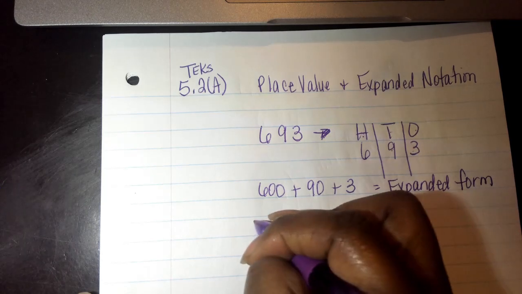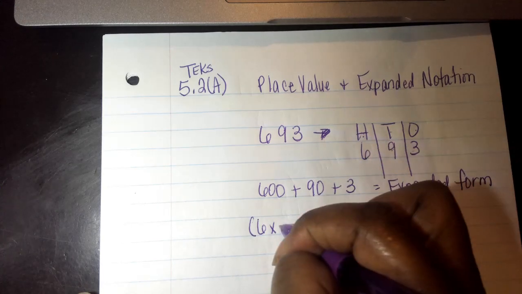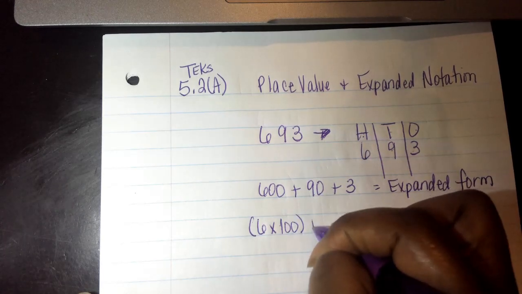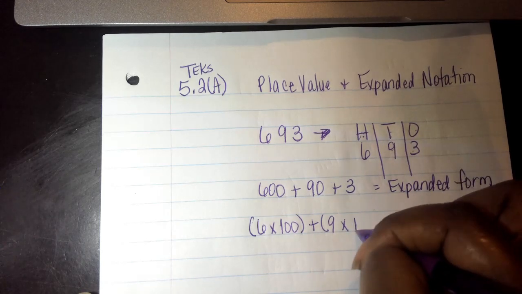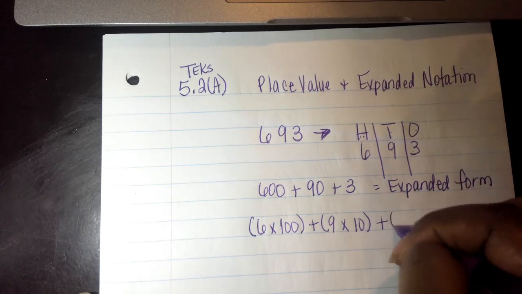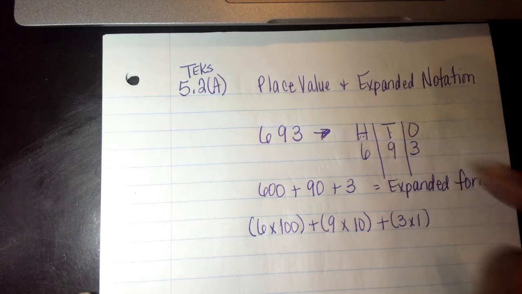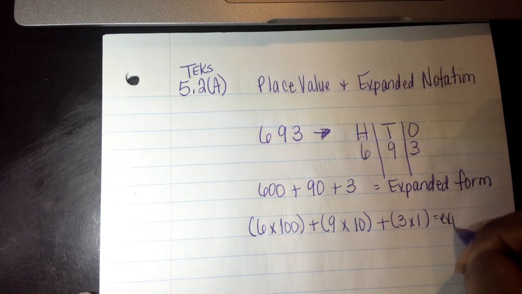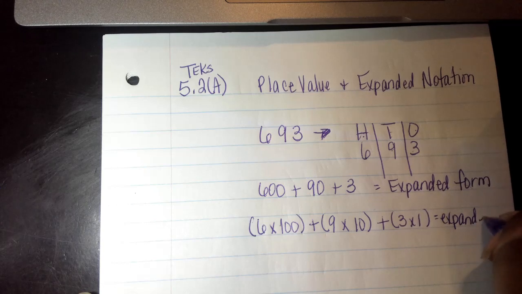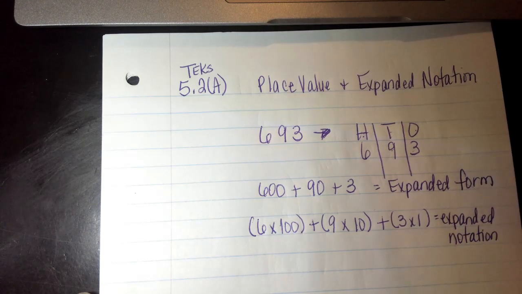What that looks like is 6 times the place value, 100, plus 9 times the place value, which is 10, plus the digit 3 times the place value, which is 1. Okay, that is expanded notation. I've seen expanded notation in science. So again, these are just building blocks.